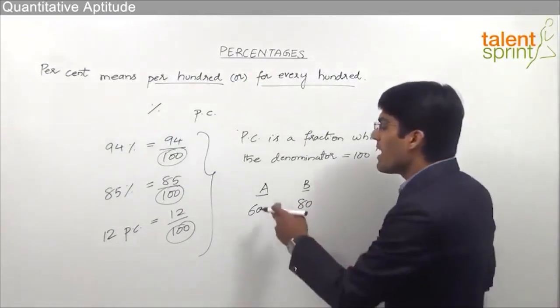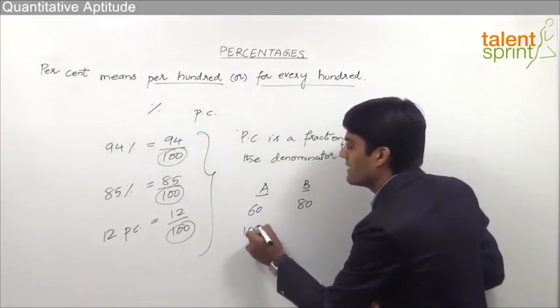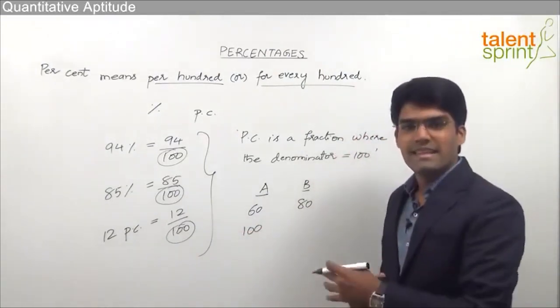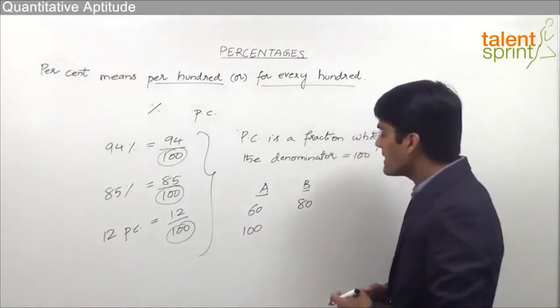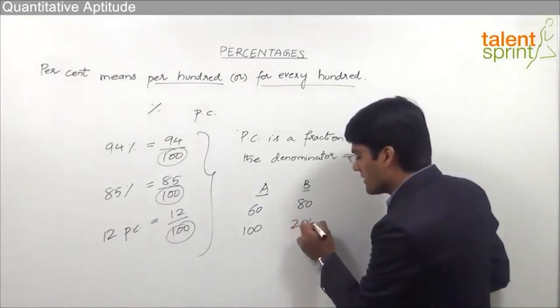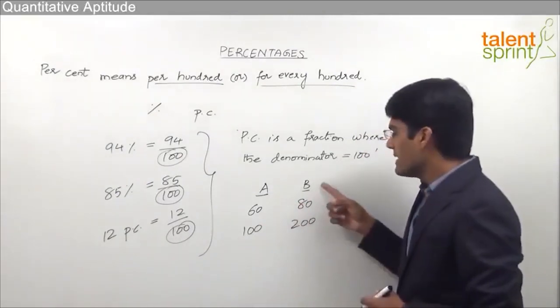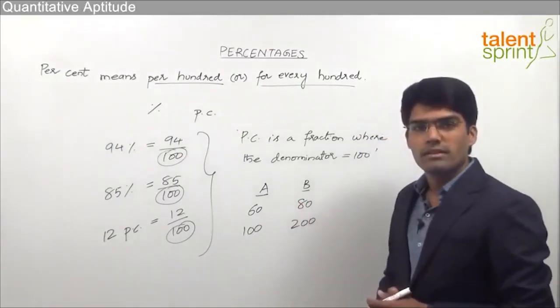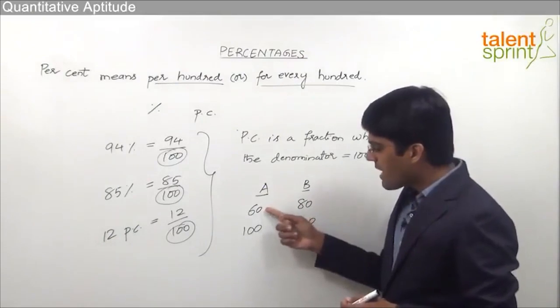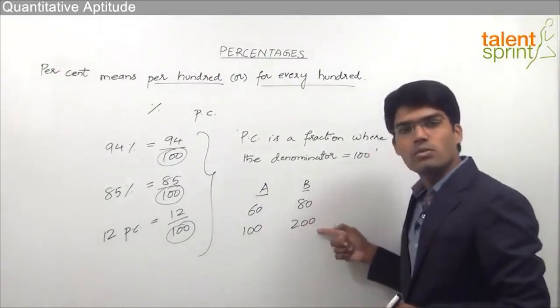Let's say the marks scored by A, that is 60, is out of 100. That means the maximum marks in A's exam were 100, whereas the marks scored by B, that is 80, is out of 200. So very clearly, A's maximum score can be 100 and B's maximum score can be 200. So A has scored 60 marks out of 100, whereas B has scored 80 marks out of 200.